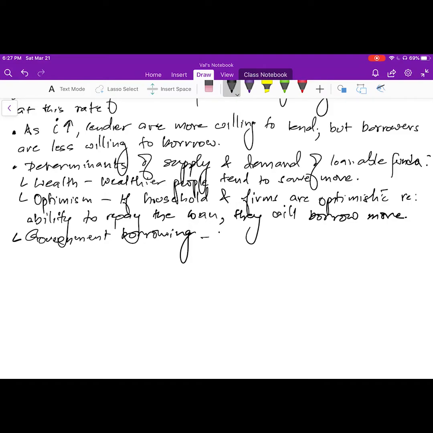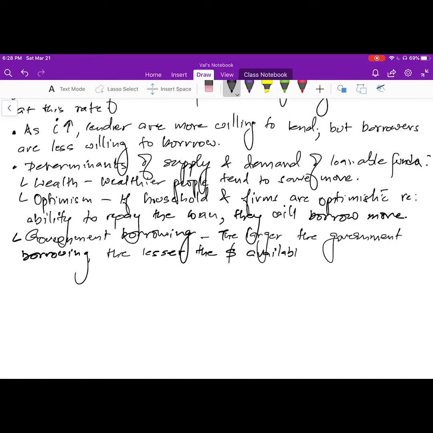The larger the government borrowing, the less money available for firms and consumers or individuals.